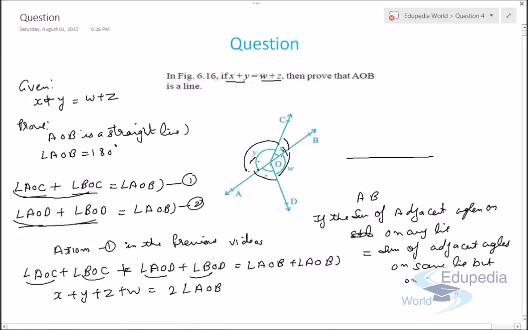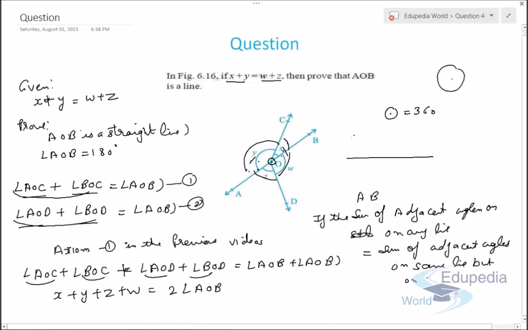So this means, now x plus y plus z plus w represent the angles at point O. So any angle around a point is always equal to 360 degrees, like the angle around a circle.